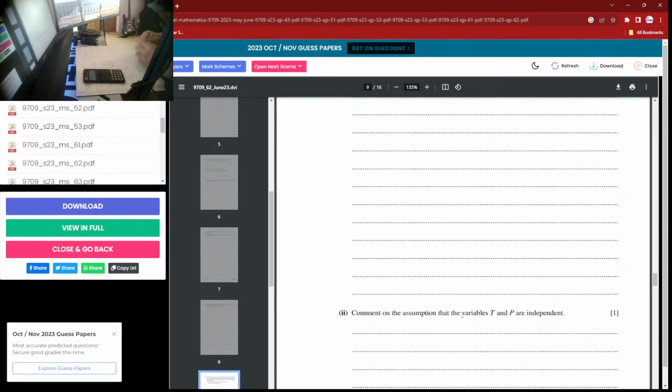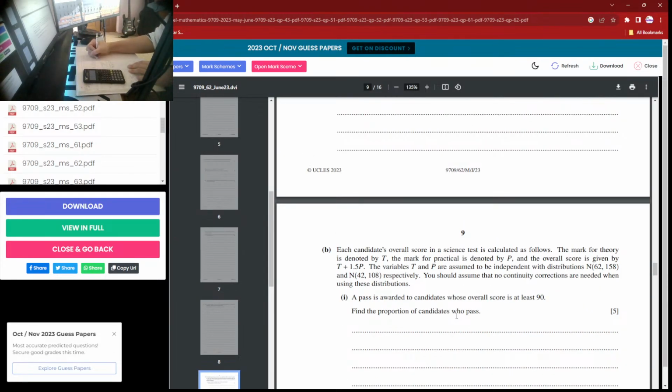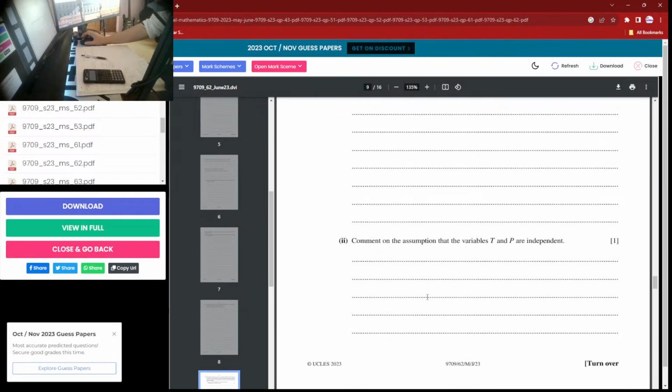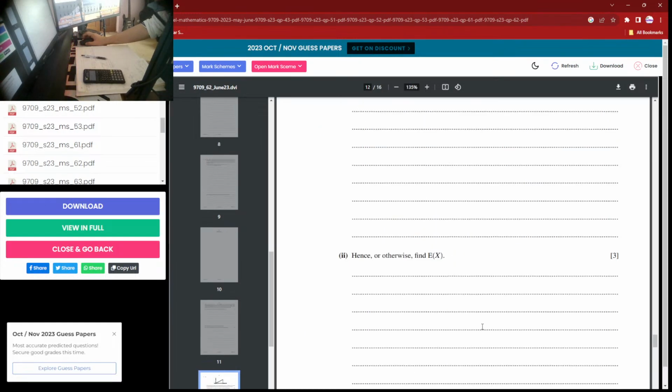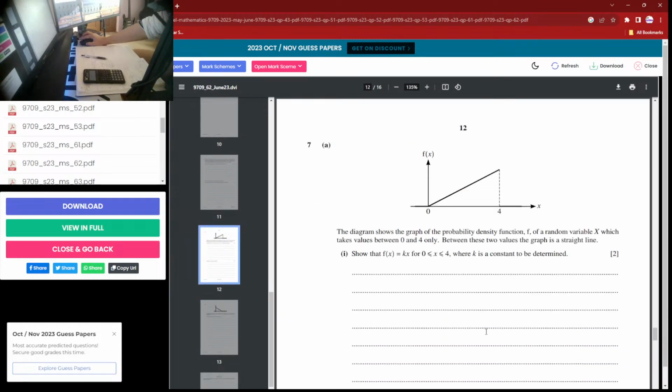So T and P have to be independent because students' performance on theory does not influence performance on practical. Okay, next one. 6A. We have 7, and I think that's all correct.